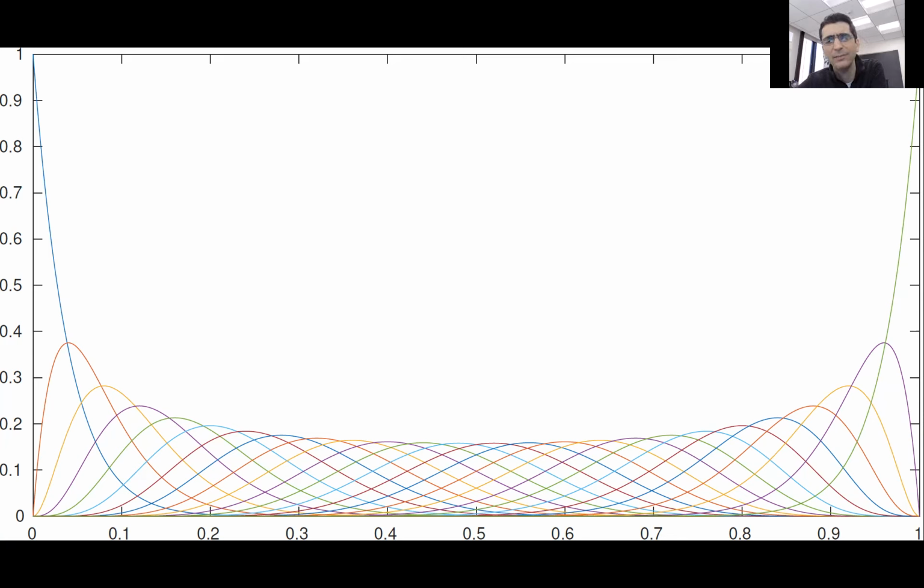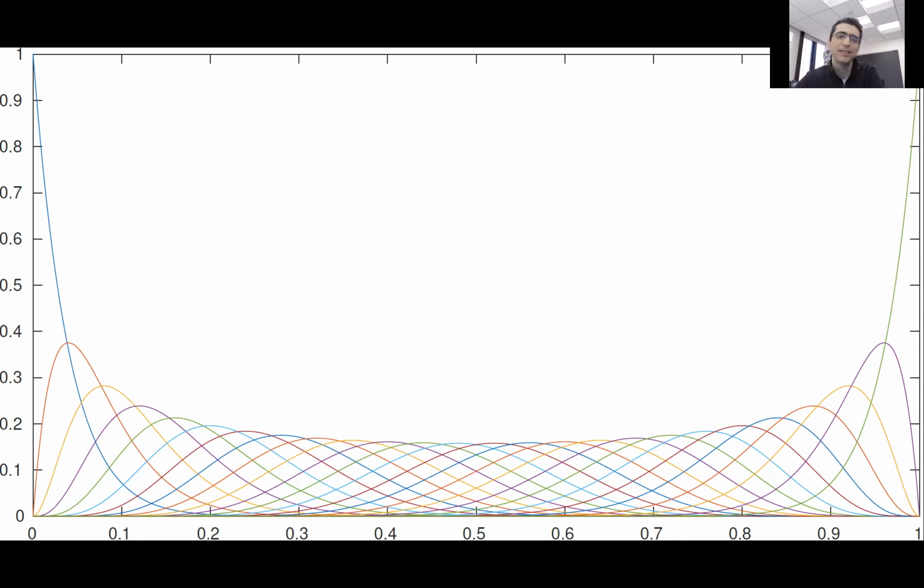In fact, it is not difficult to show, although we won't need it here, that the Bernstein basis polynomials overlap over a range of roughly square root of n.